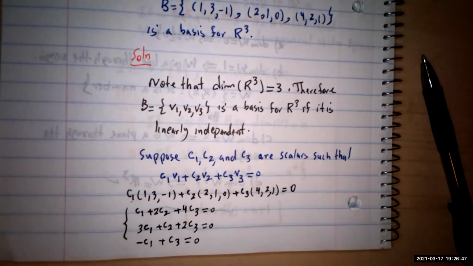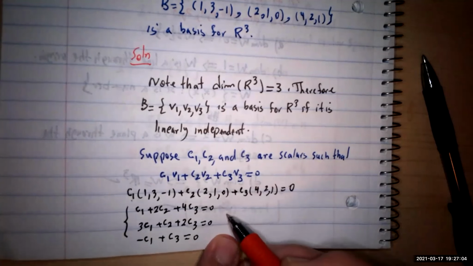You can solve it to show that C1, C2, C3 are equal to 0, or you can use the matrix of the coefficients and show that its determinant is not 0. So you have two choices.